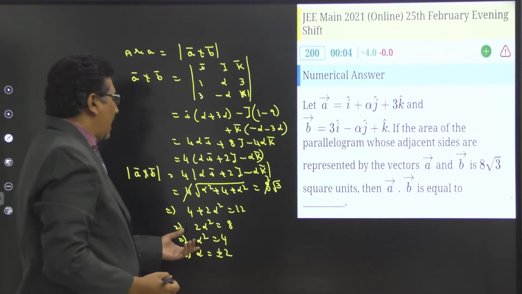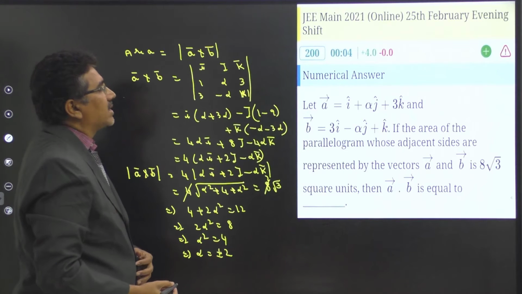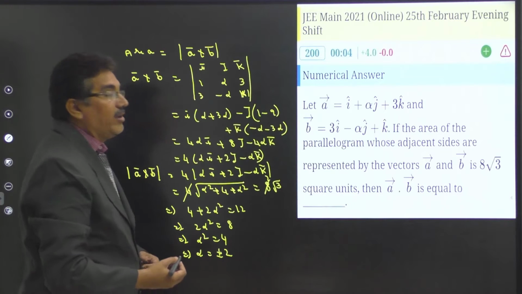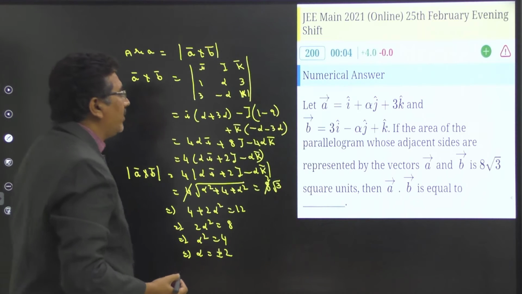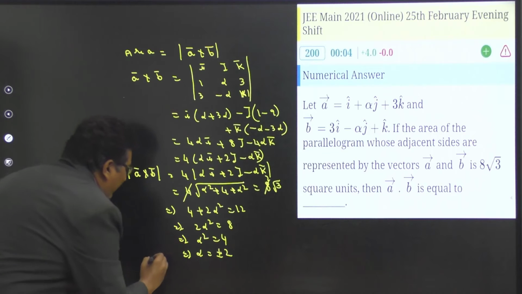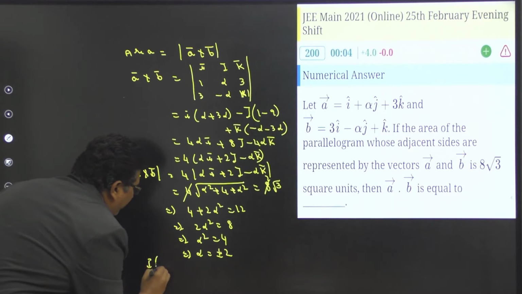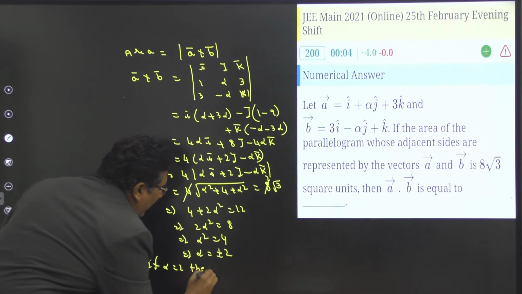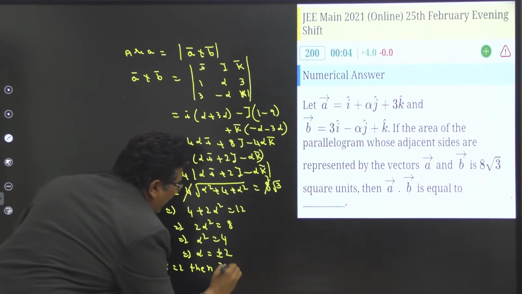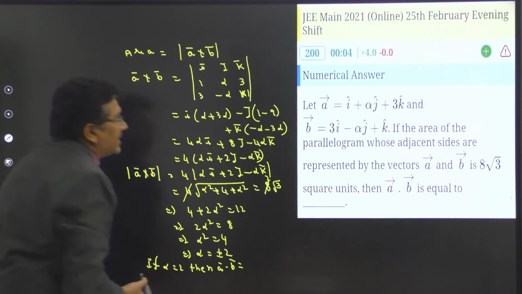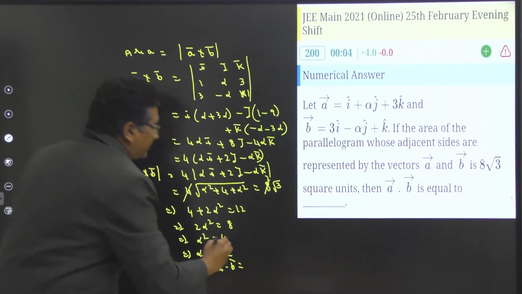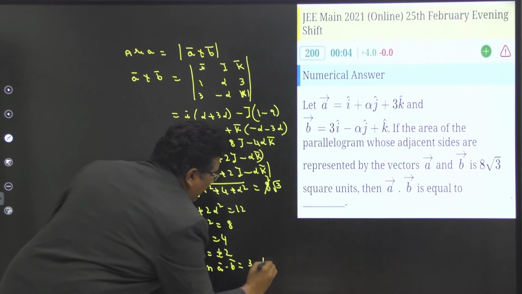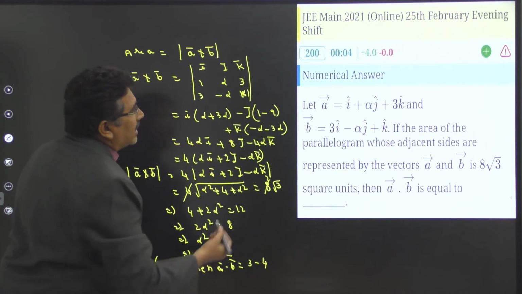Now, alpha is equal to plus or minus 2. Now, we want to find a bar dot b bar. If alpha is equal to 2, then a bar dot b bar is equal to 3 minus alpha square plus 3.